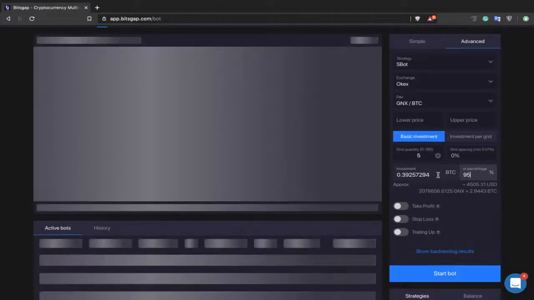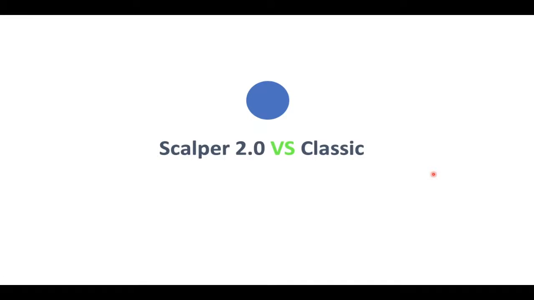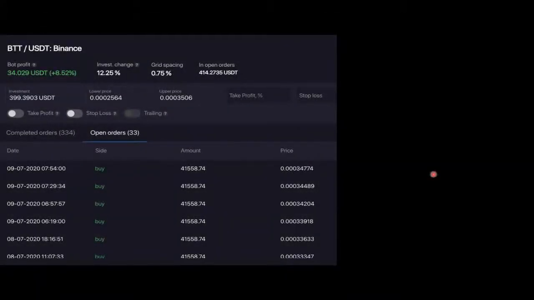manage your investment allocation. So now is the time to define what makes Scalper different from the classic bot. The primary difference is that this one is the classic bot, and you see here that the allocation in terms of the amount of the base currency to buy is equal.